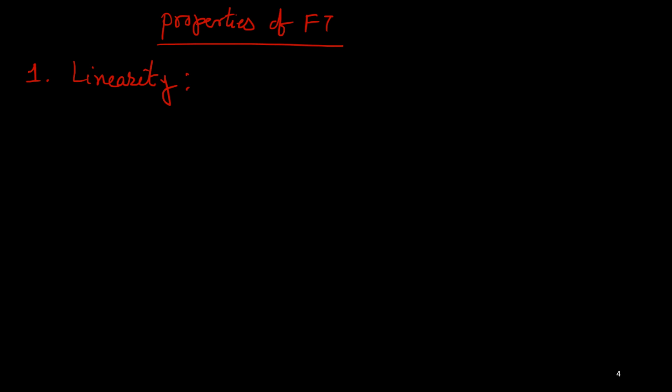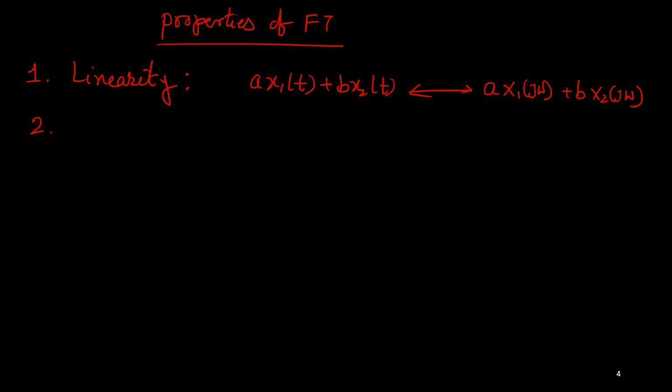And that, you know, for a x1(t) plus b x2(t), its Fourier transform is simply a capital X1 of j omega plus b capital X2 of j omega. Next one is time shifting.